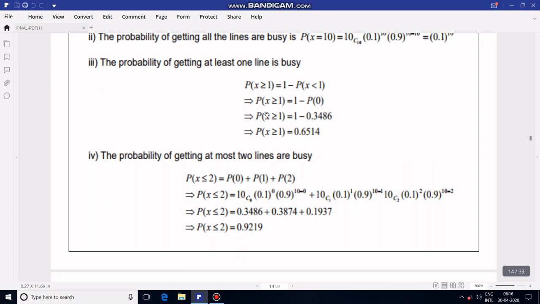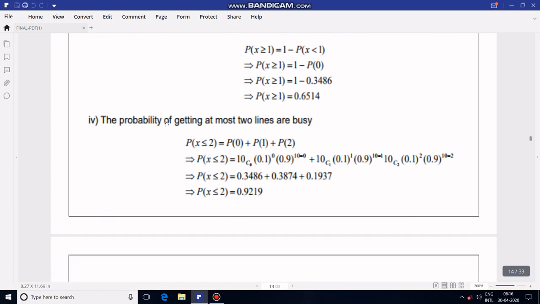Fourth one. Here we need to find the probability of getting at most two lines busy. At most means less than or equal. Here we need to compute P for x less than or equal to 2. Here x will take three values: x equals 0, x equals 1, x equals 2.